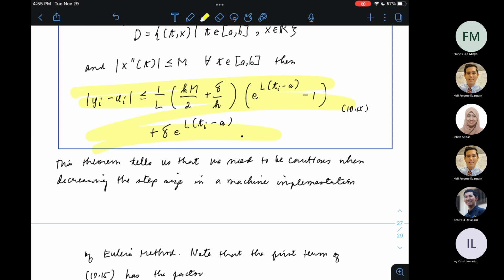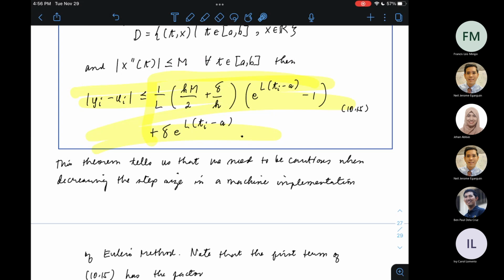But just a sanity check on equation 10.15: when delta is equal to 0, meaning your computer is perfect, it's infinite, with no truncation error, you will see that this reduces back to the global discretization error, or the upper bound we have for the GDE. Because this term will vanish.